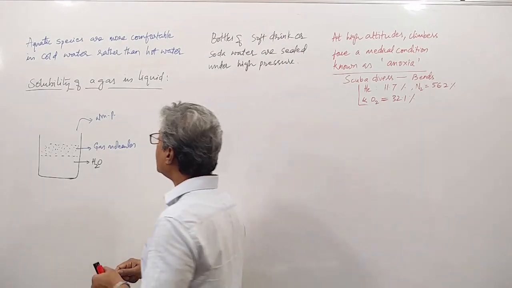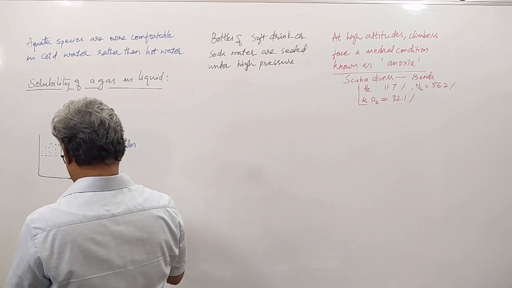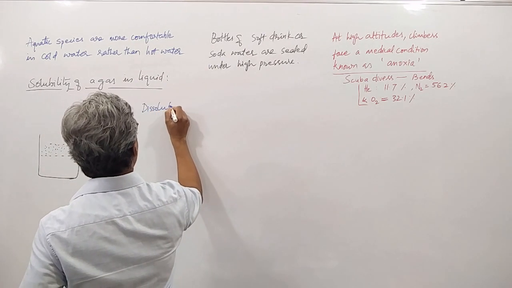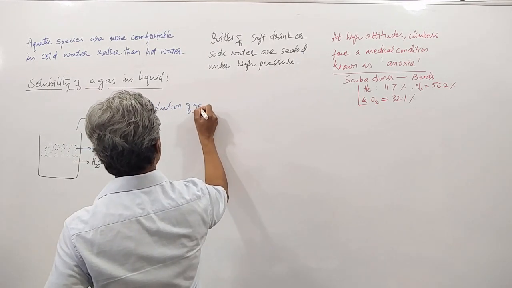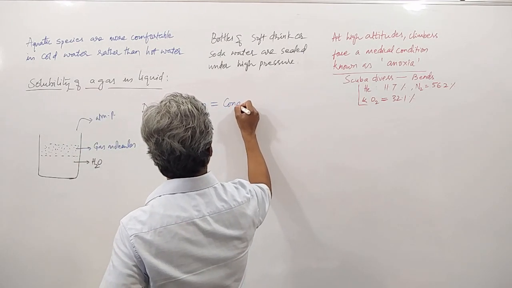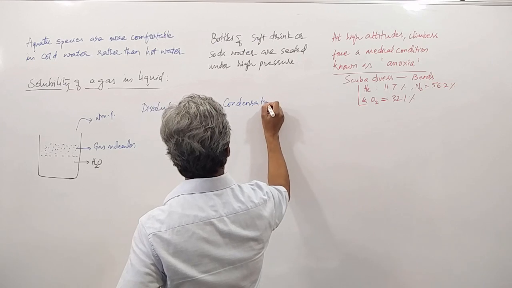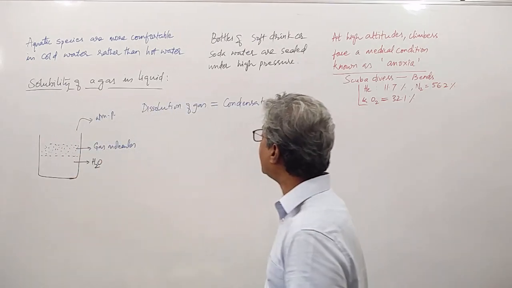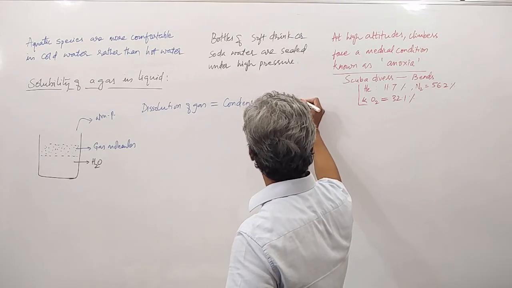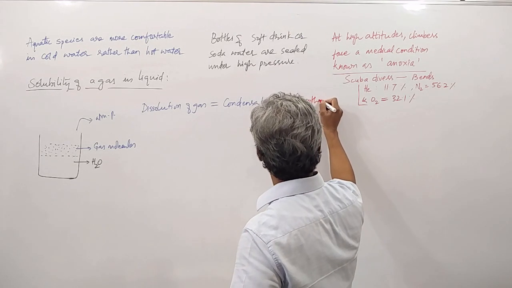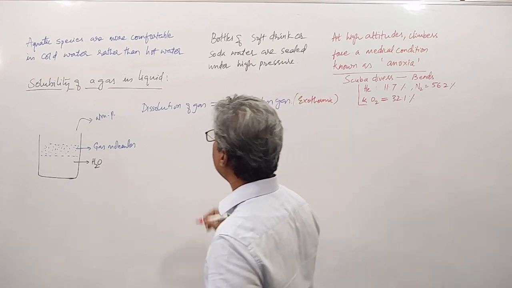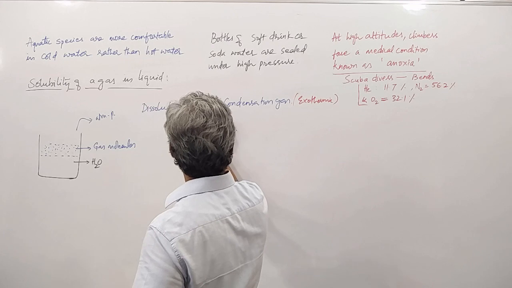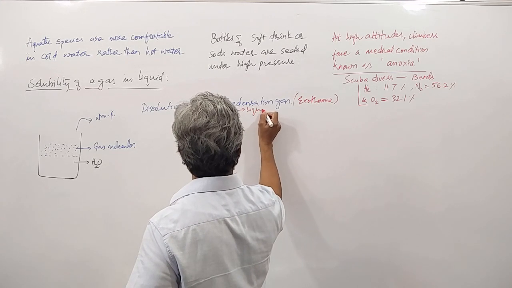Therefore, this dissolution of gas is nothing but condensation of gas. Condensation of gas is exothermic. Because, see students, why this is exothermic means because gas is converted into liquid.